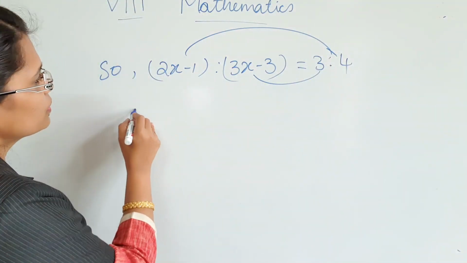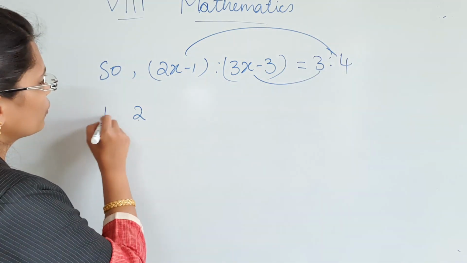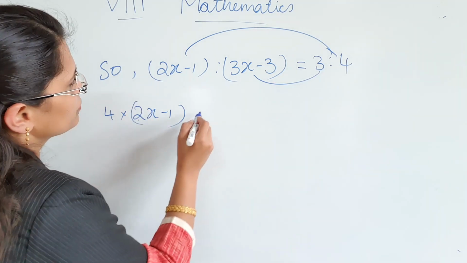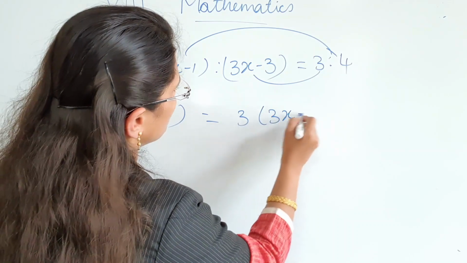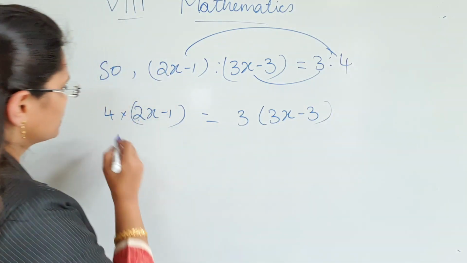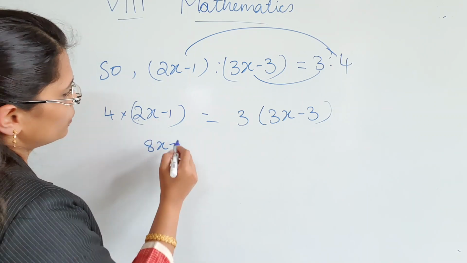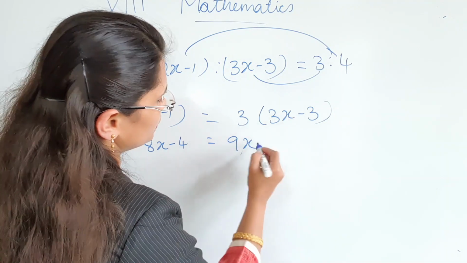So 4 into 2x minus 1 is equal to 3 into 3x minus 3. 4 into 2x is 8x, minus 4 into 1, 4, is equal to 3 3s are 9x, 3 into 3, 9.